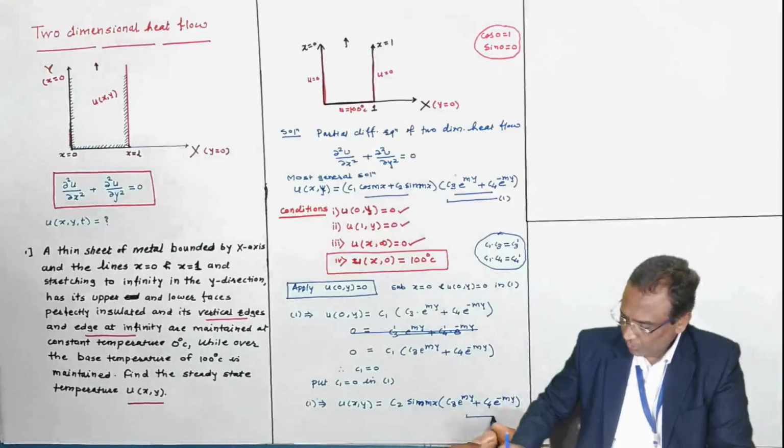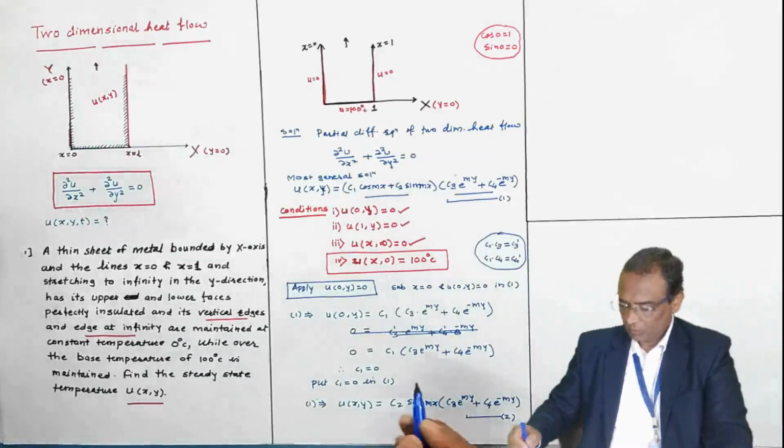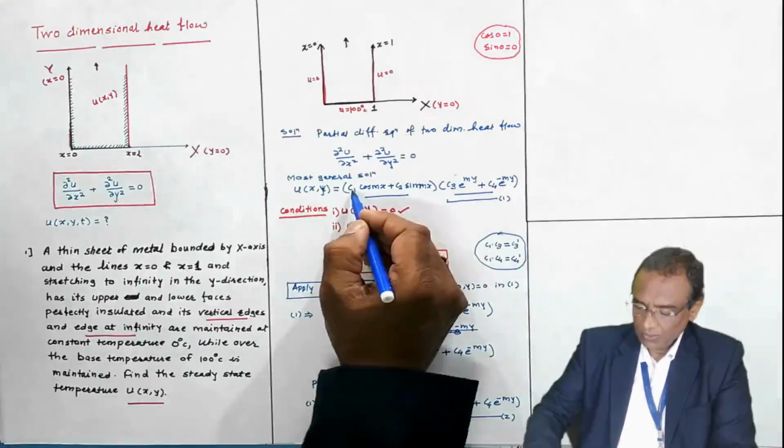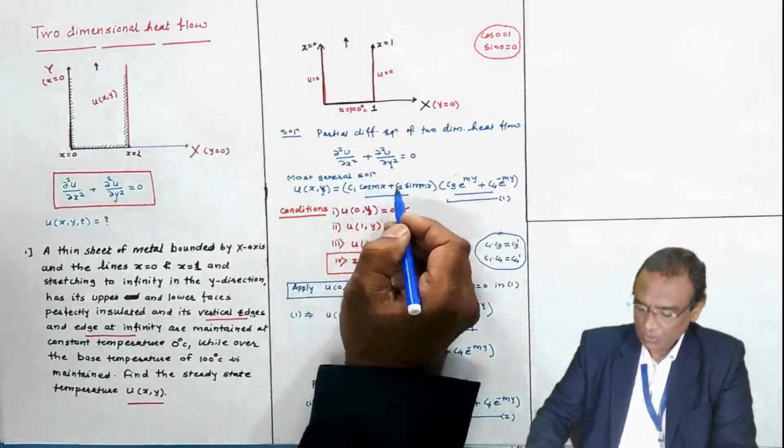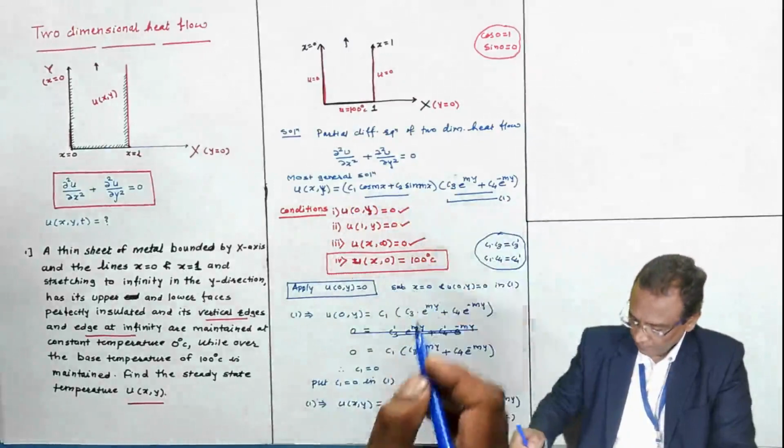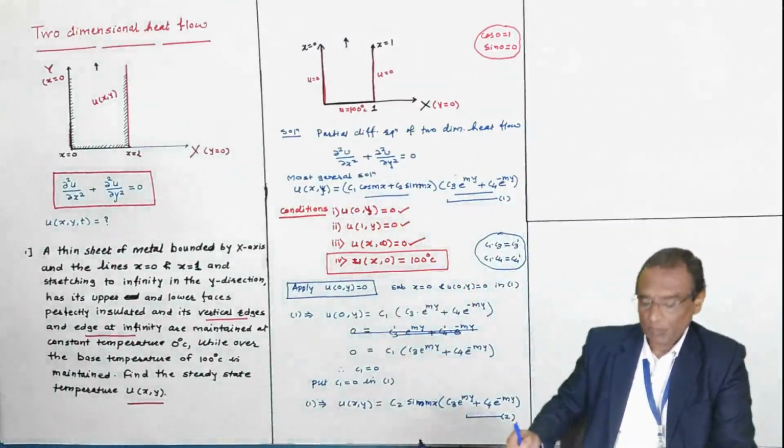Okay, this is our equation 2 now. Substitute the value of C1 equal to 0. C1 into this will be 0. Only the sine term will be there like this. Okay, this is our equation 2.